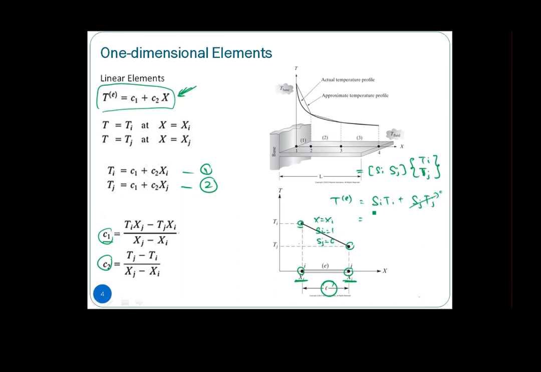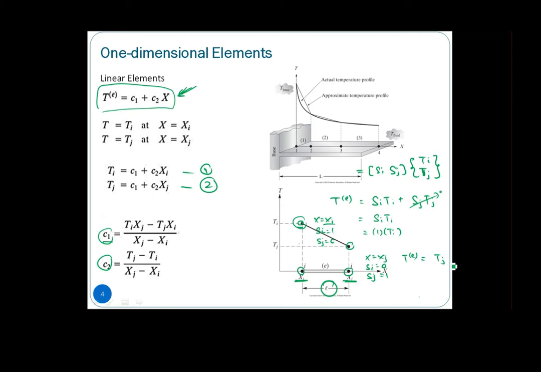So this part equals 0, and I have 1 times Ti. So at x equal to xi, I get my temperature equals Ti. In the case of x equal to xj, then Si equals 0, Sj equals 1, so Te at x equal to xj is equivalent to Tj.